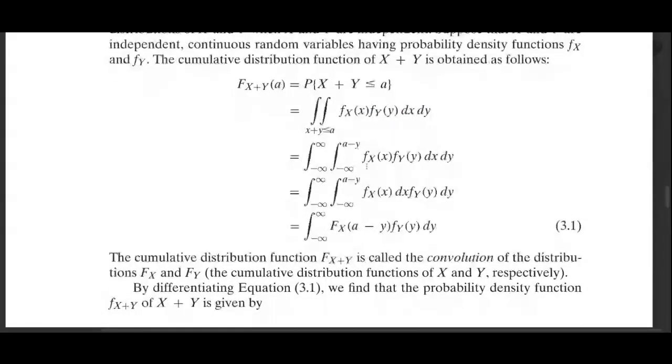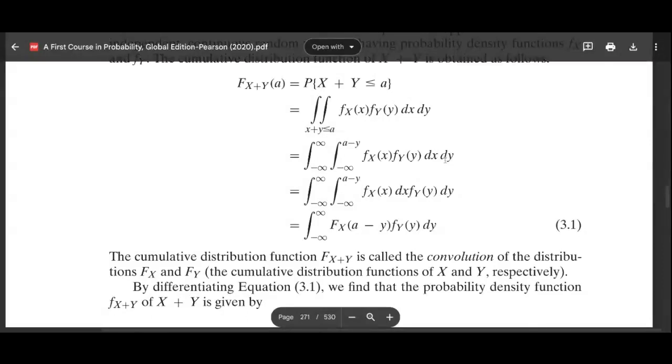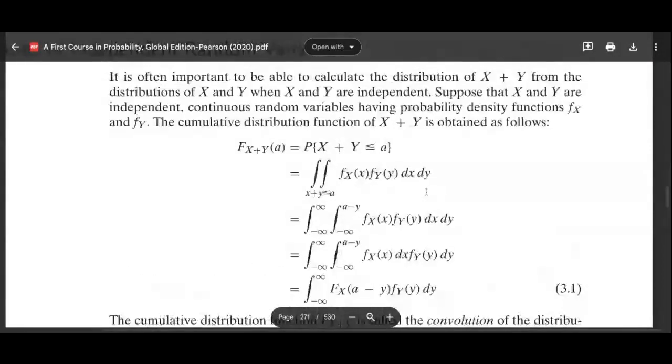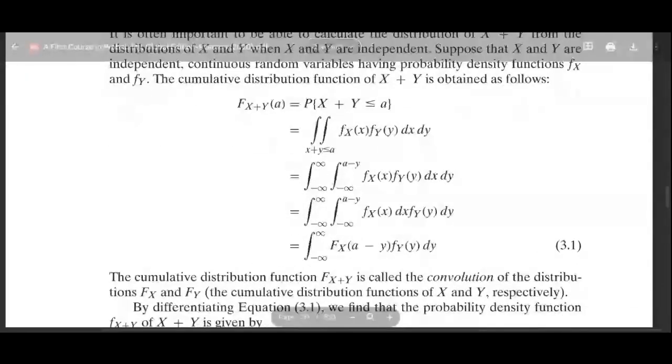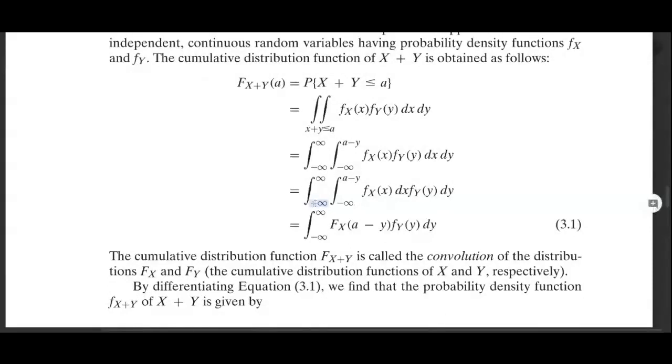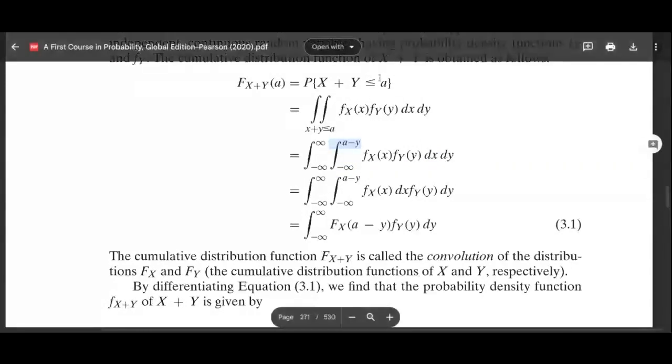Okay, we didn't really use this yet. All right. So suppose both of them run over the real axis, right? So Y goes from negative infinity to infinity, and X goes from, this is important, right?